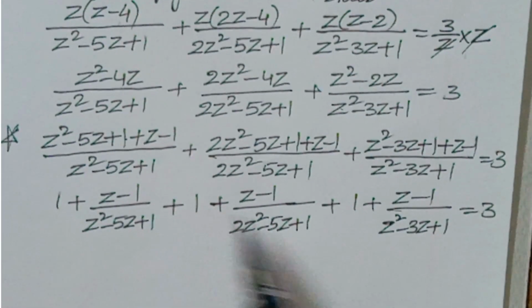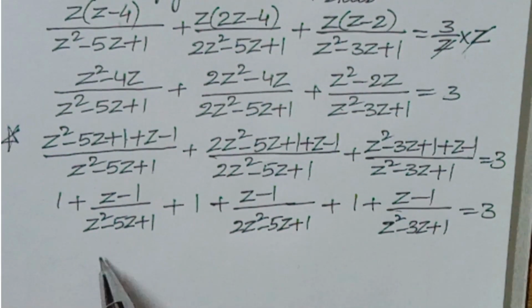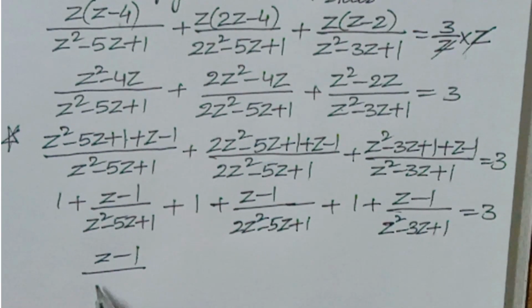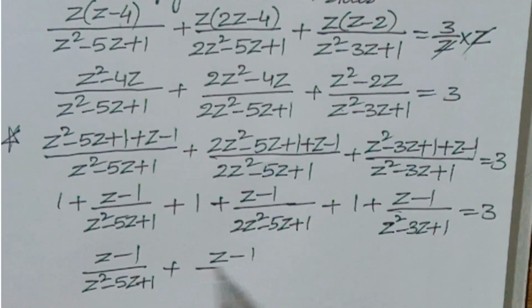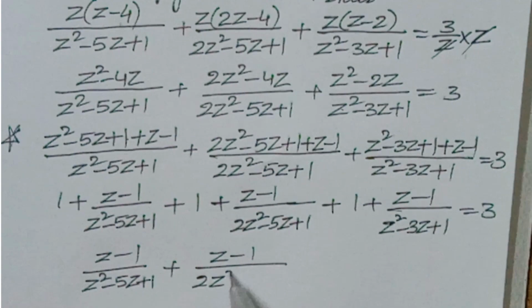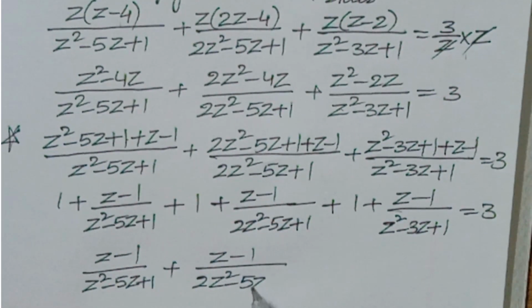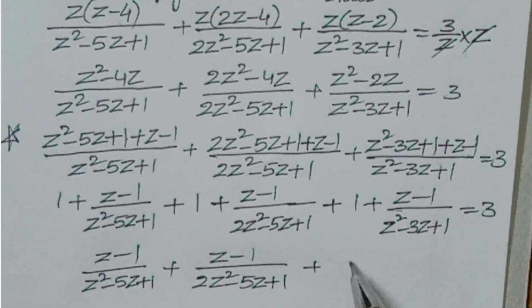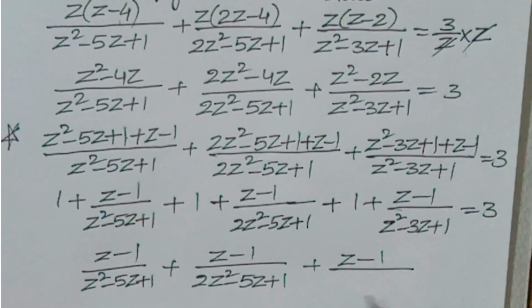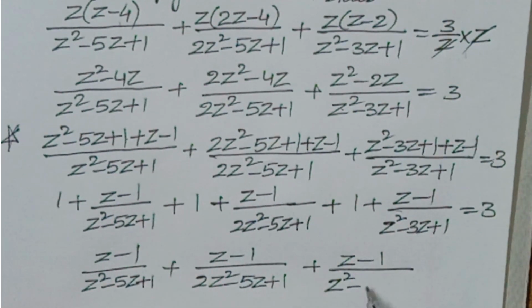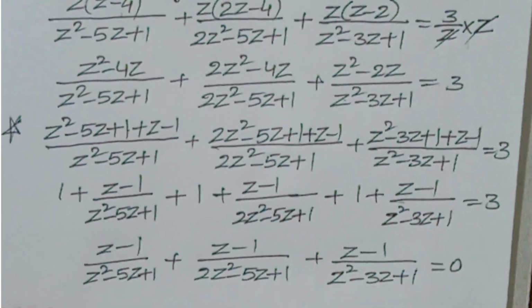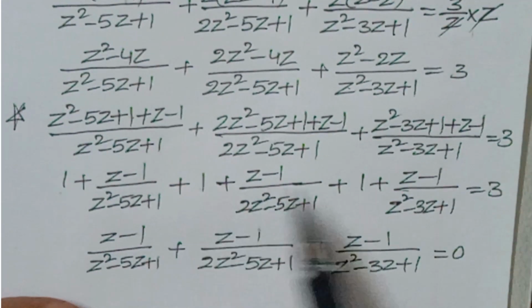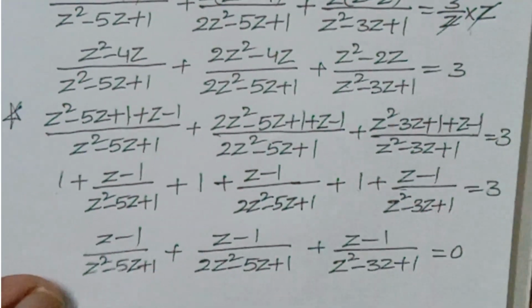So here 1 + 1 + 1 will get 3. So (z − 1)/(z² − 5z + 1) + (z − 1)/(2z² − 5z + 1) + (z − 1)/(z² − 3z + 1) is equal to 0, since 3 minus 3 will get 0.